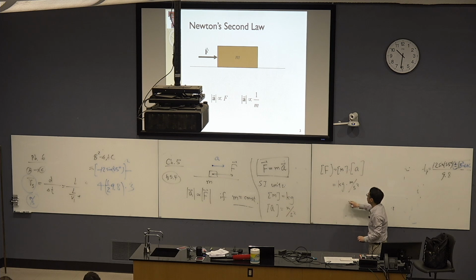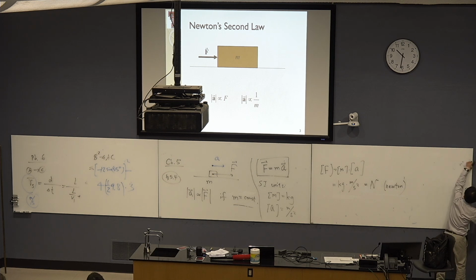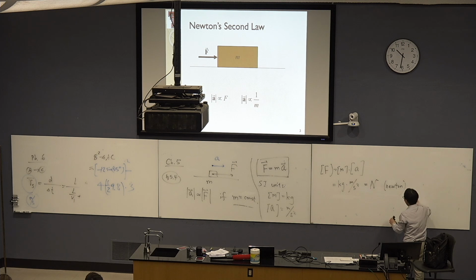Now we want to call this a new unit. Okay? So the SI unit for this thing, we call it newtons, capital N, pronounced N-E-W-T-O-N. Okay? Newton. So that's the SI unit for force. From now on, on most occasions, we will not use pounds as force.